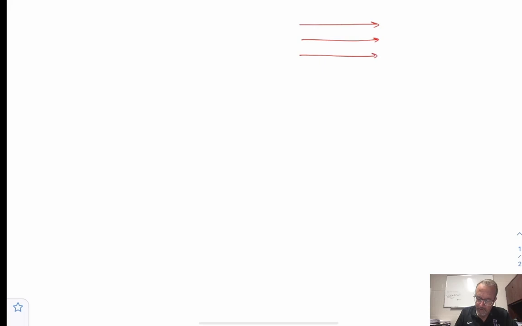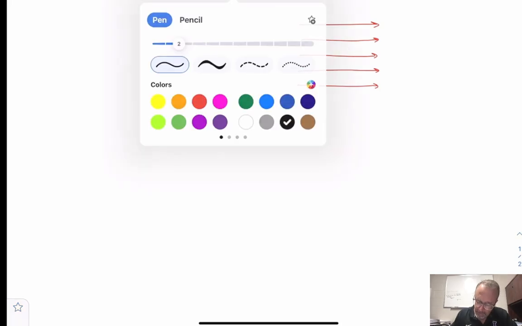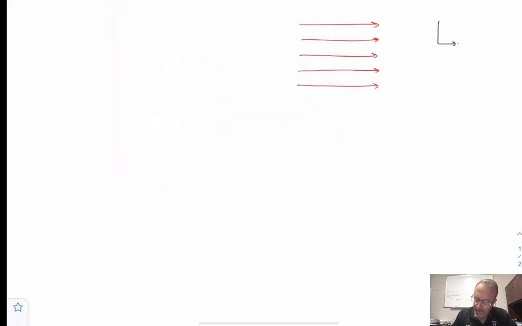Okay? Now, a uniform electric field in a particular direction. I'm trying to correlate this with the textbook. They don't actually use this, but we'll go ahead and do it. Let's just call this the x direction, y.